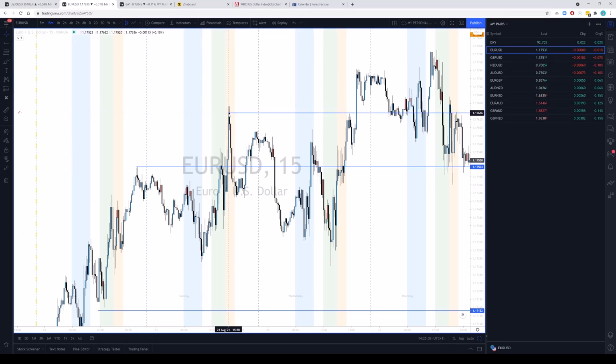What you want to see is actually a close above this body, or a close above this wick. Either way is fine. You just want a close from this high upwards.